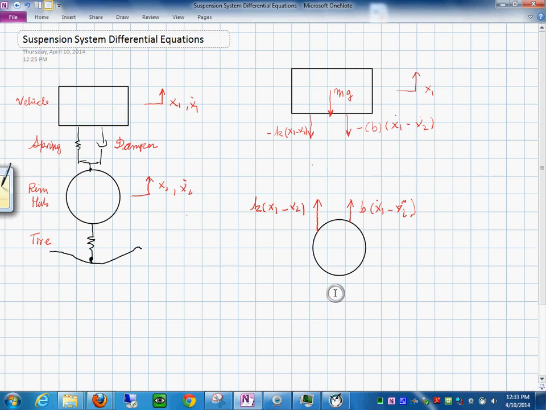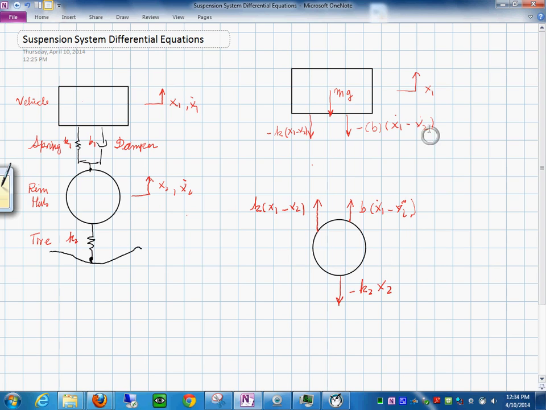Okay, also we know that this is going to pull it down with a force equal to this. We need to put some numbers. This is k sub 1 and b sub 1, and this would be k sub 2. So this would be a minus k sub 2 times x sub 2.